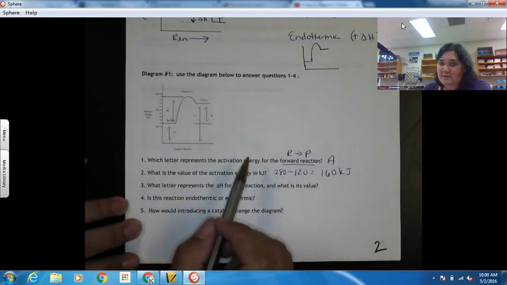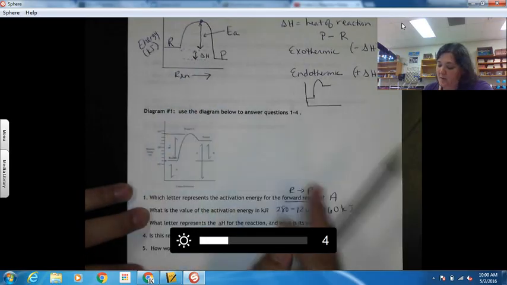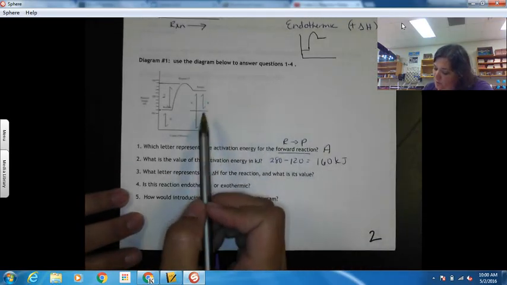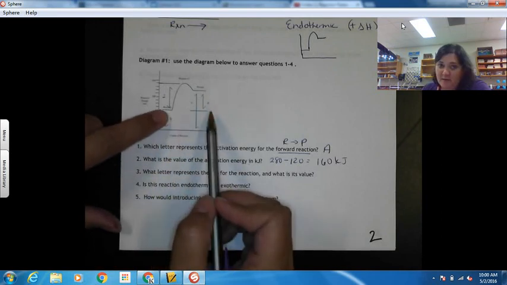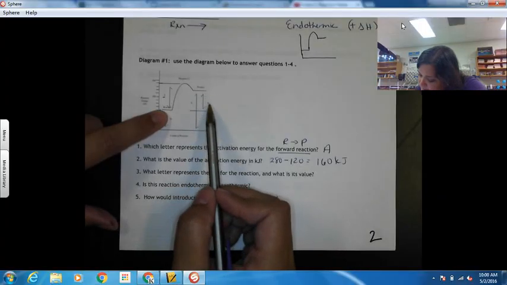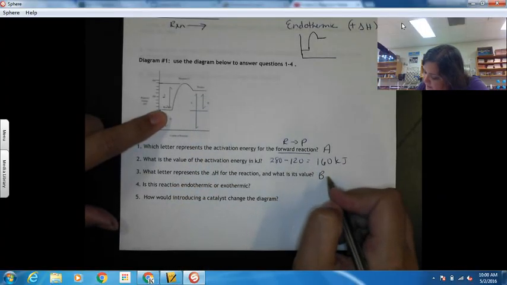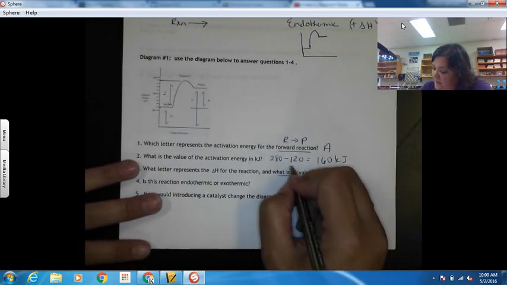Okay, so what letter represents the delta H for the reaction? Well, delta H, as we just talked about a minute ago, is the difference between the reactant's energy and the product energy. So which one shows us the difference between reactants and products? So here's our reactants and here's our products, and the distance is right here, and that is letter B. Then it says, what is its value? So again, that's products minus the reactants.